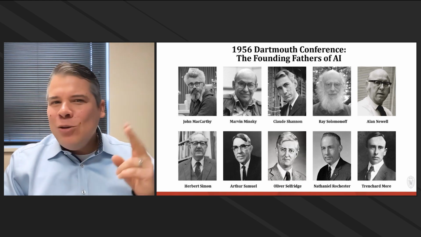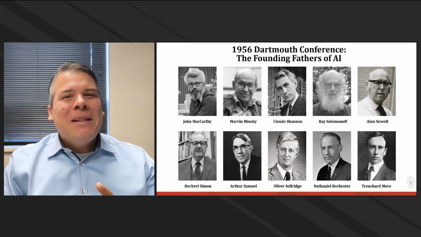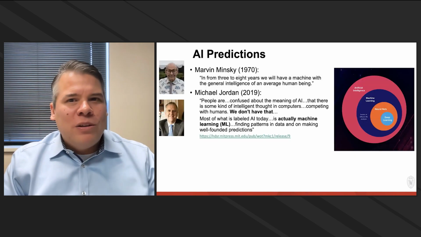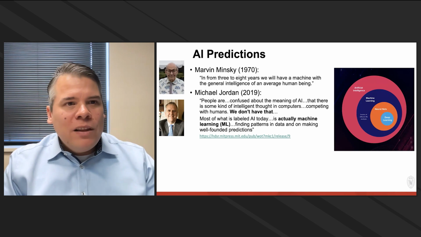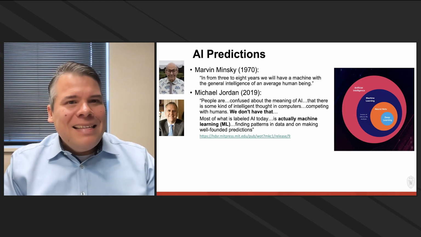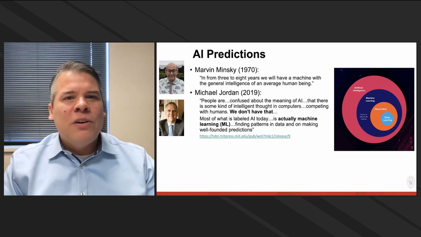So I'm telling you that for two reasons. Number one, I want to enhance your trivia pursuit skills, right? But secondly, back then there was like a big hype around AI. And in fact, one of the leading computer scientists of the day, Marvin Minsky, in 1970 said that he expects that in 3 to 8 years, we will have a machine with the general intelligence of an average human being.